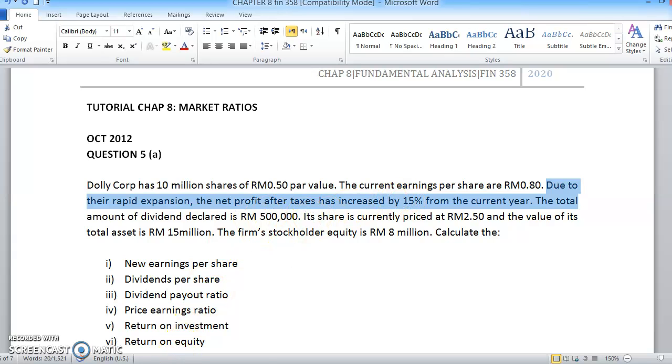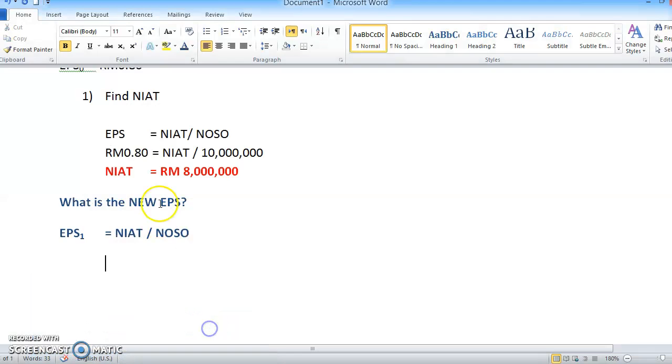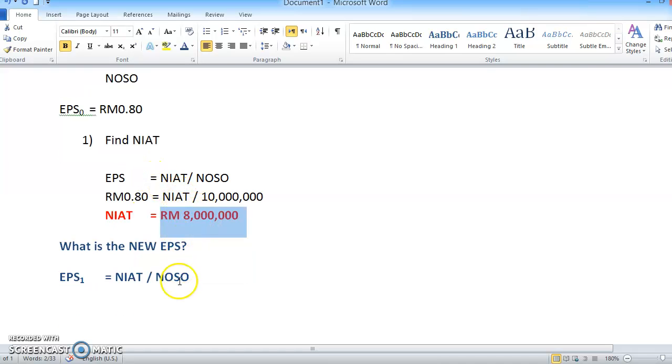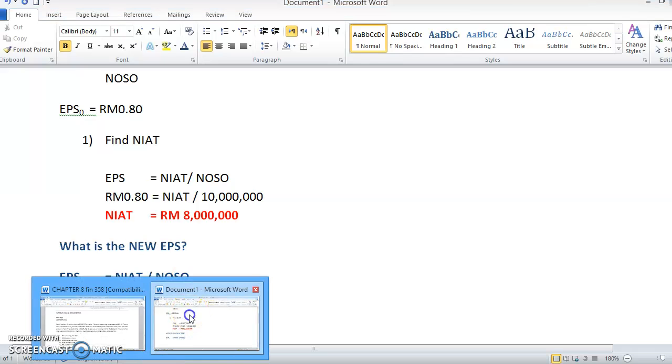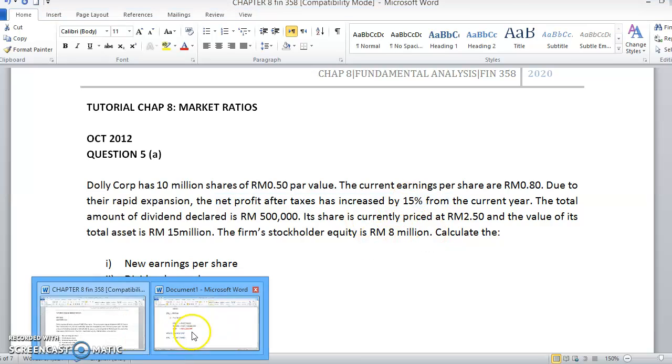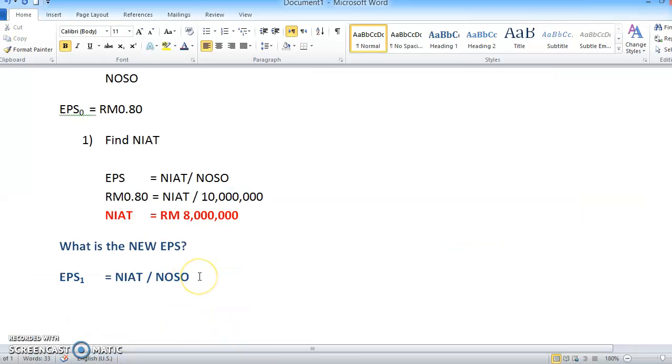Kan? So kita tak boleh guna yang 8 million yang kita guna tadi, yang kita kira tadi. This is for the past EPS or the current year, okay, or the before that, right? Prior to the new one. So the new one, it's already mentioned, the net of profit after tax is actually sudah increase kepada 15% from the current year. So kita kena cari new NIAT satu lah.